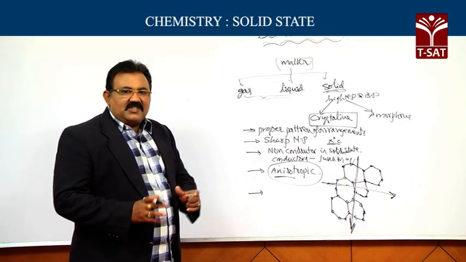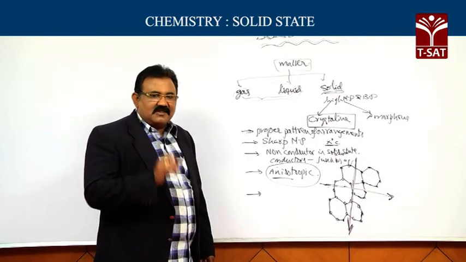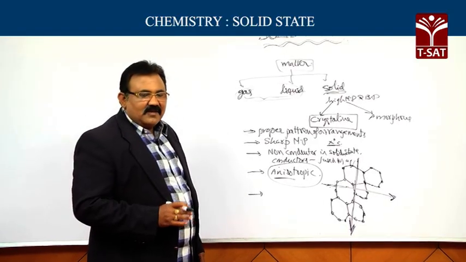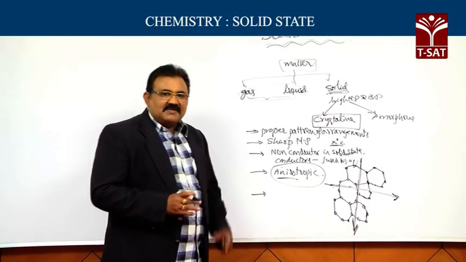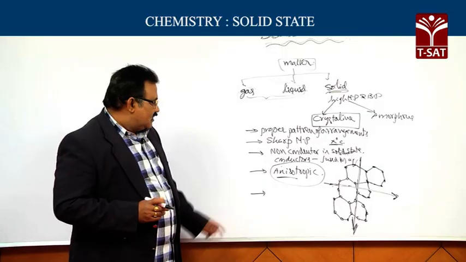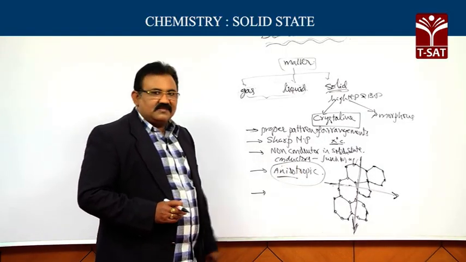Generally, nature tends to form crystalline solids definitely. Why? Because crystalline solids have less entropy. That is why nature tends to form crystalline solids.